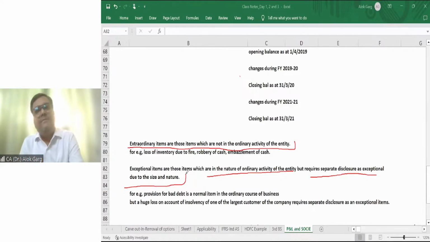What is an exceptional item? It is ordinary in nature, but requires separate disclosure due to its size and nature. For example, and I'll give you a real life example, the telecom companies are paying a license fee to the DOT as 8% of their revenue. Every quarter they are paying to the Department of Telecom.